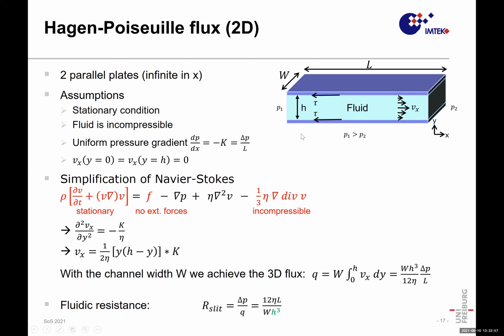Everybody knows that we have a drag force at the surfaces, but typically a profile of flow in between those plates. And this can be the outflow between two diaphragms, for example. We simplify to get the two-dimensional Hagen-Poiseuille flow.